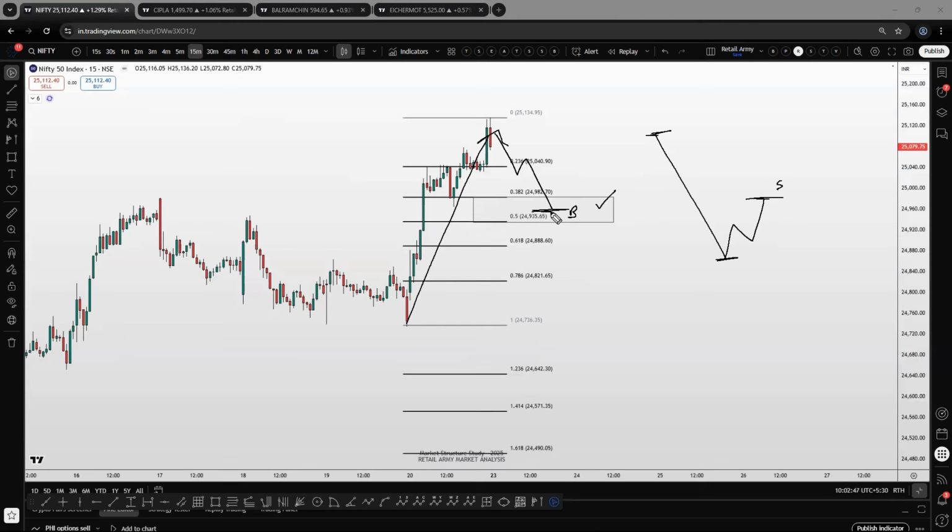In case this zone breaks down, it means this previous wave is finished and the market is planning for a reversal. As long as this zone is intact, this provides us a low risk opportunity for a buy on dip scenario. Same thing here for a bearish scenario: as long as the 38 to 50% zone is intact, it is a sell on rise.